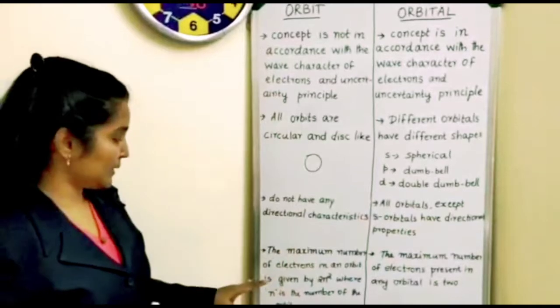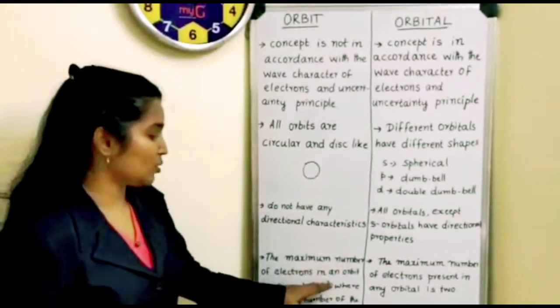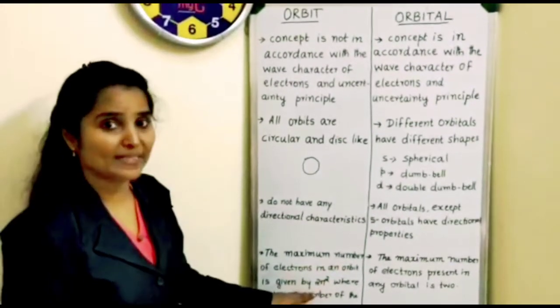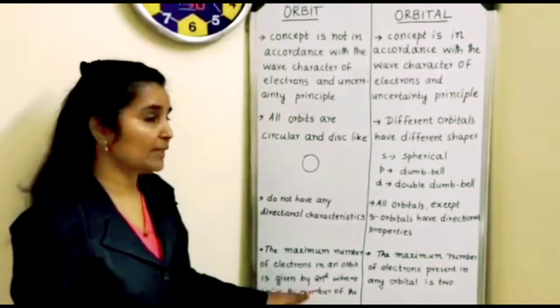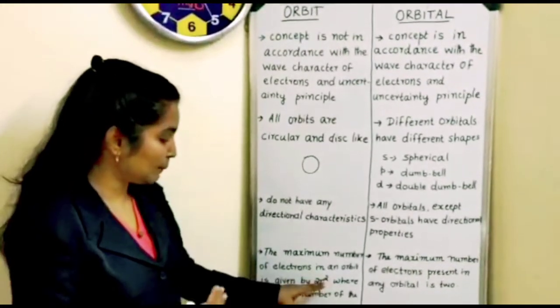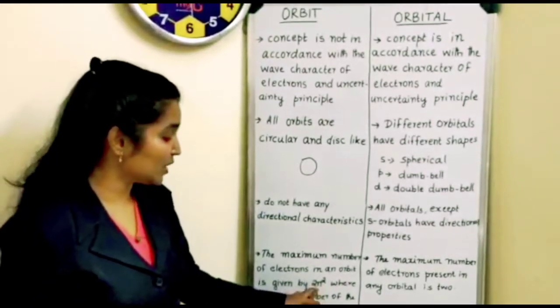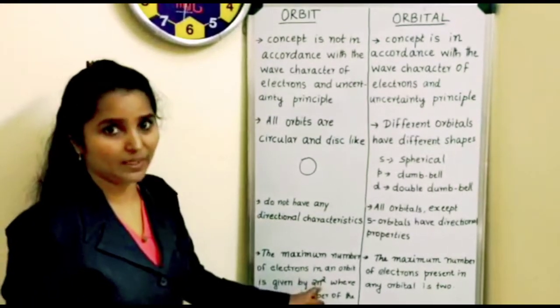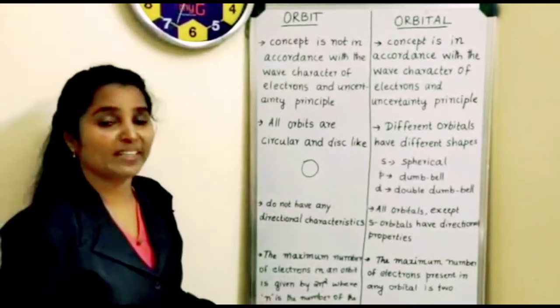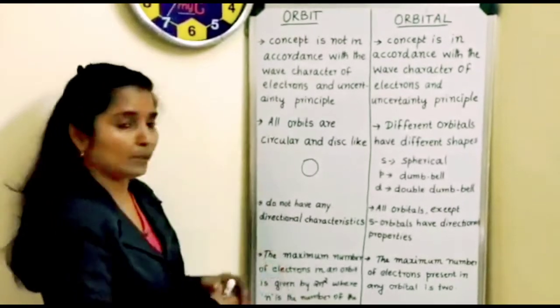In the case of an orbit, the maximum number of electrons in an orbit is given by 2n square. We have already learned about it. If n is the principal quantum number, say n is 2, you get the number of electrons as 2 into 2 square. That was how you found the number of electrons present in an orbit.